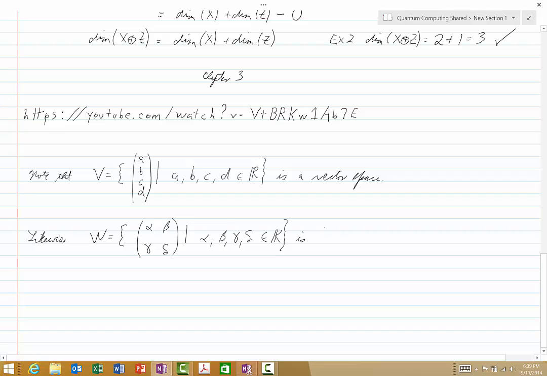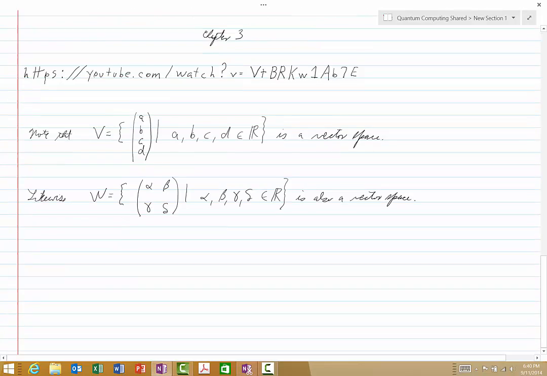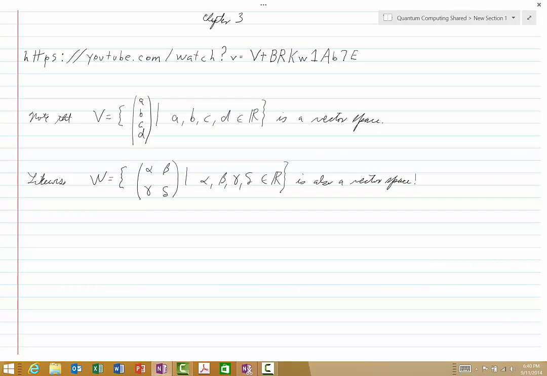If we define matrix addition and scalar multiplication of a matrix in the normal way, then that is also a vector space. And in fact, we can talk about the sum or the tensor product of these two spaces. Let's just think about the sum for a moment.